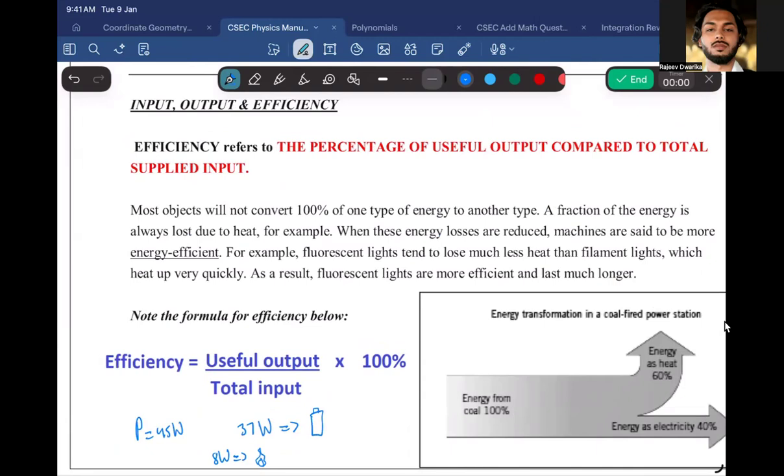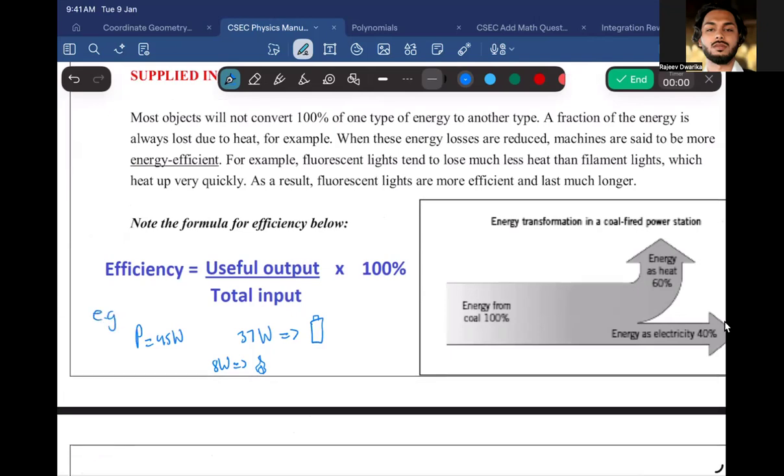Right? So as soon as you have that copy down, let me know. Okay, nice. And so your answer for this, if you want, the example for this would simply be the 37 all over 45 by 100.